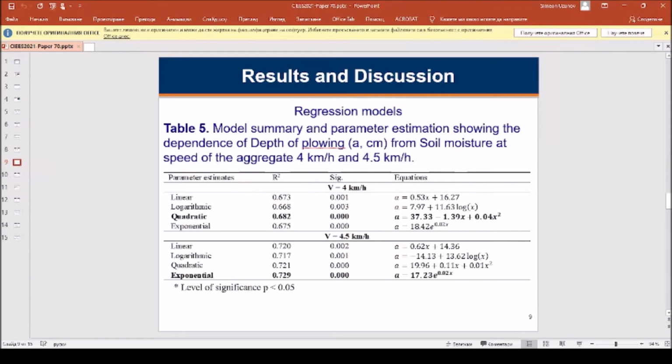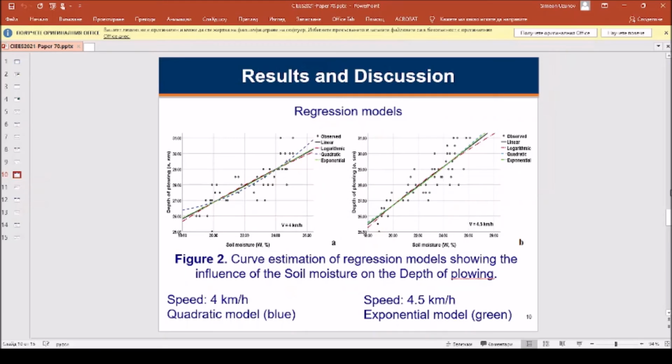R squared is equal to 0.729, i.e. soil moisture at a speed of 4.5 km per hour affects the depth of plowing by about 72.9%.